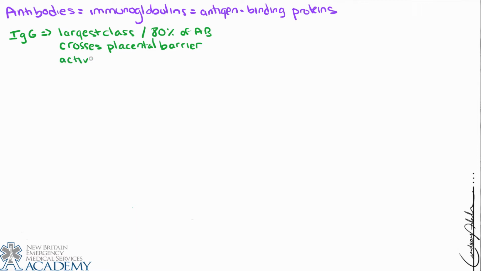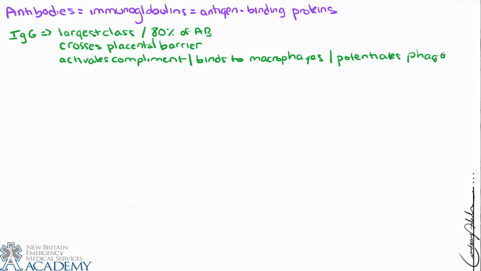We mentioned earlier, passive immunity occurs as antibodies cross the placental barrier, and IgG is definitely the primary example that does this. IgG can also provide a defense against viruses, bacteria, and bacterial toxins, and they do so by activating complement, binding to macrophages, and potentiating phagocytosis.